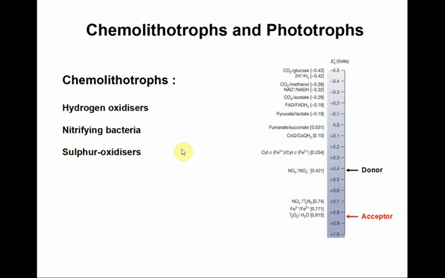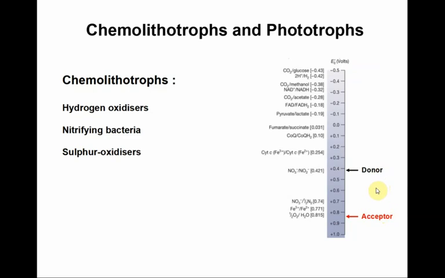So all of these bacteria generate their metabolic energy and get electrons from a redox reaction. So basically, at the base of this metabolism has got to be the transfer of electrons from an electron donor to an electron acceptor. And whatever the pair of donor and acceptor, the donor has got to be further up on this scale than the acceptor.